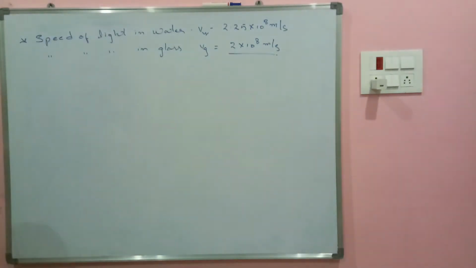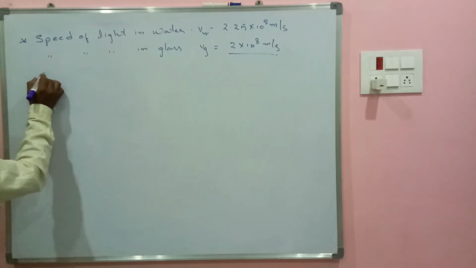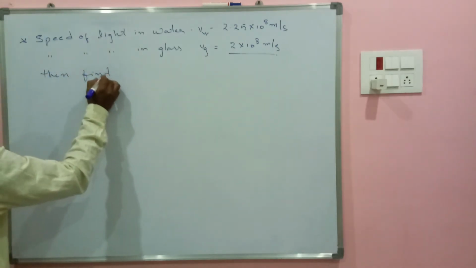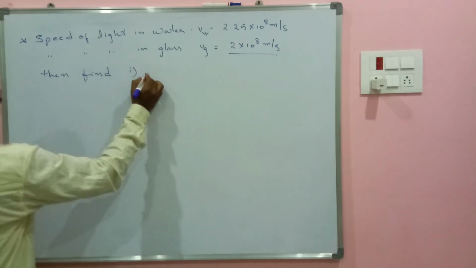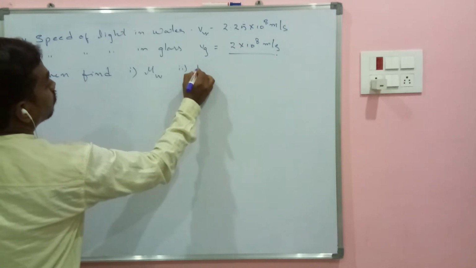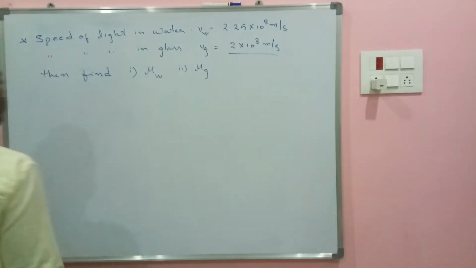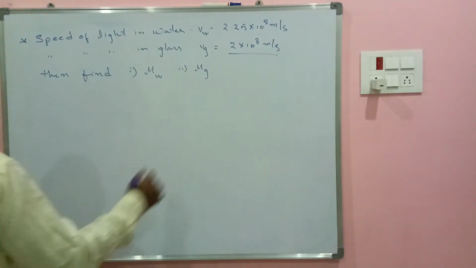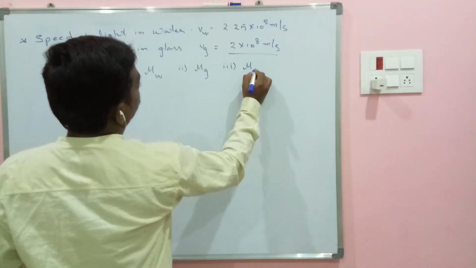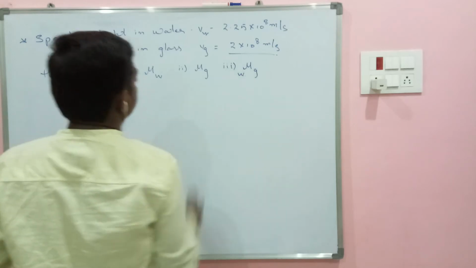He has given the speed of light in water and the speed of light in glass. Then he is asking us to find out number 1, mu of water, number 2, mu of glass, and number 3, mu of glass with respect to water.